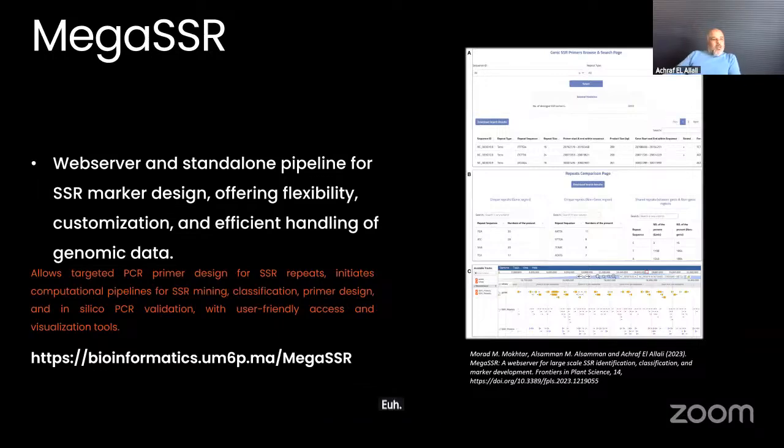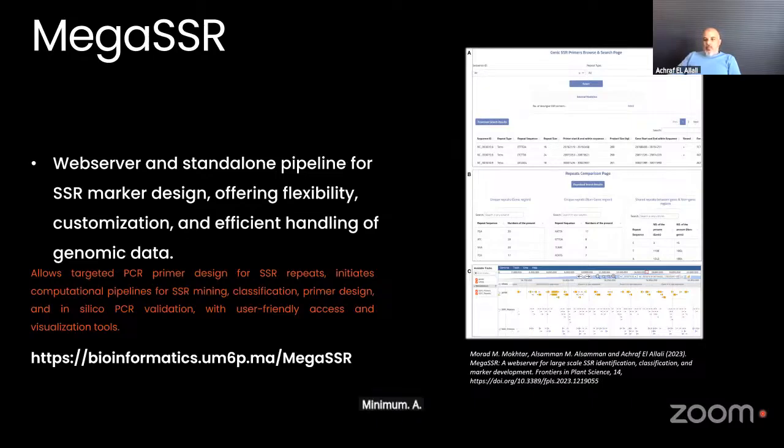Now we also have another tool called Mega SSR. So SSRs are simple sequence repeats. They are also used as genetic markers. This is one of our number one used tools. This tool gets run, I want to say, 100 times a week minimum.